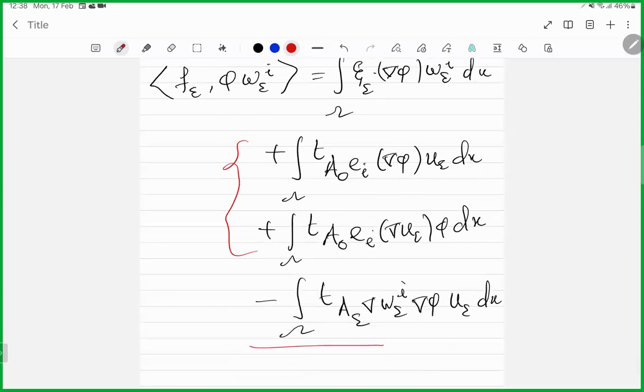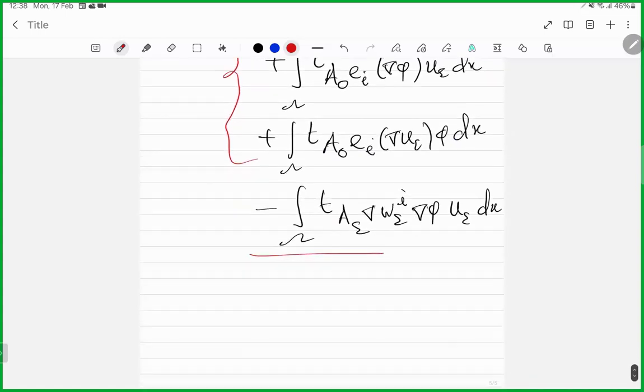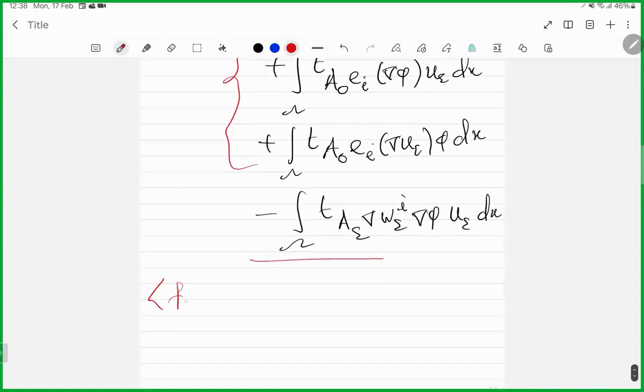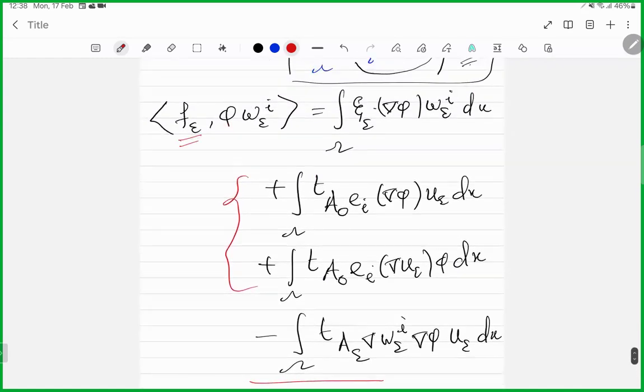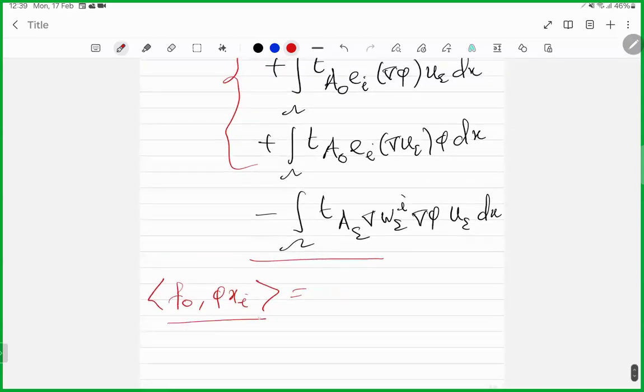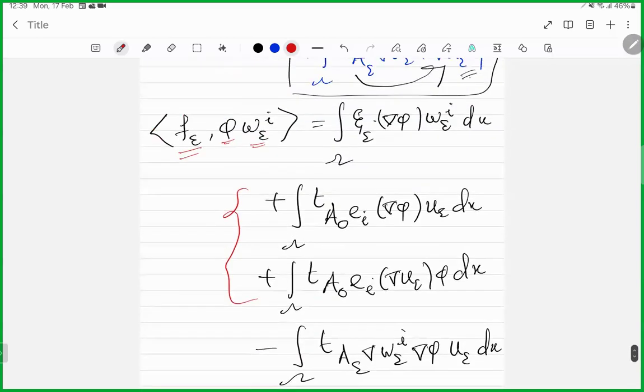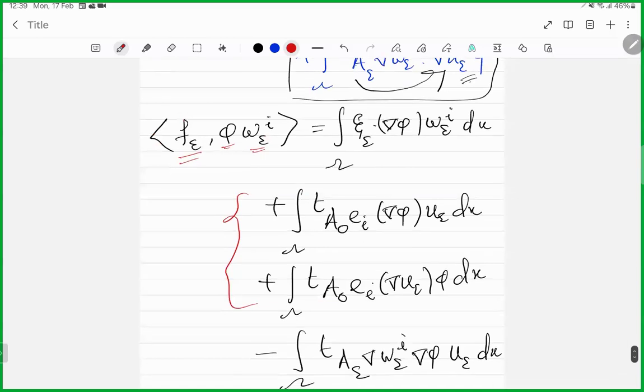If I do that, on the left hand side I will have f0 phi xi. On the right hand side, this is strongly converging in H minus 1, so it's converging to f. This is fixed, this is a product, and this is weakly converging in H1, so this is actually phi xi. That is strong and weak, so not a problem.